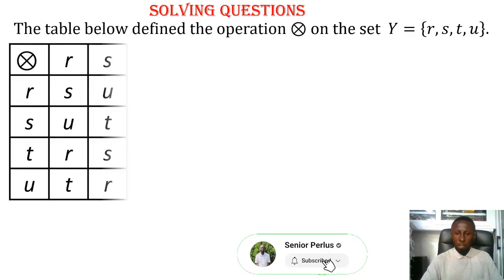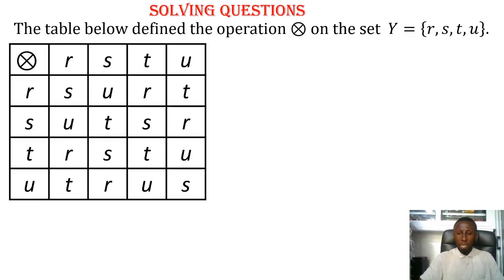So this is our table. The question said, giving reasons, whether the following are correct. And we say I, Y is closed with respect to the operation. We talk about the closure property. All the elements here must belong to the set Y. So we are saying that all elements belong to it. Then you can see that it's closed.